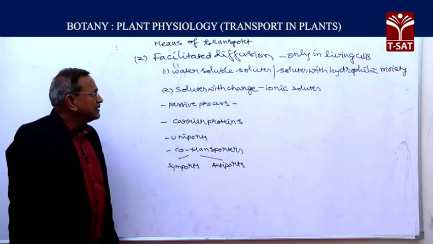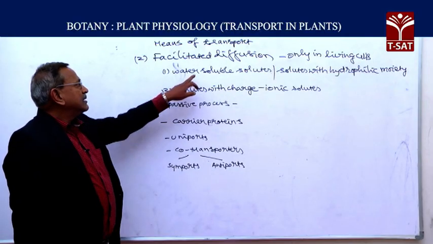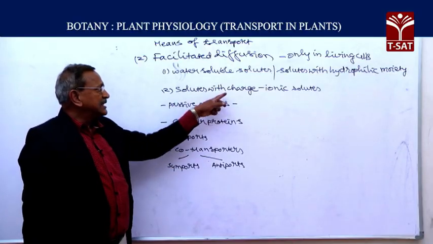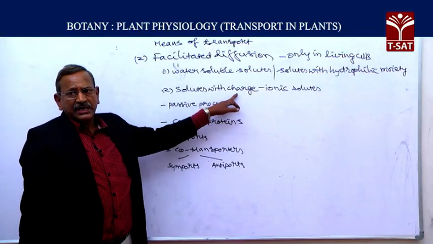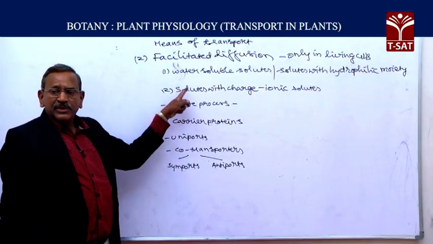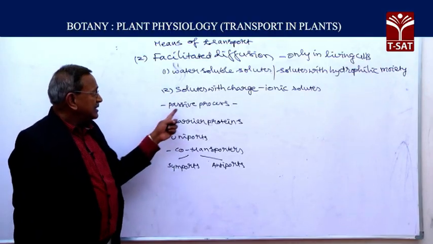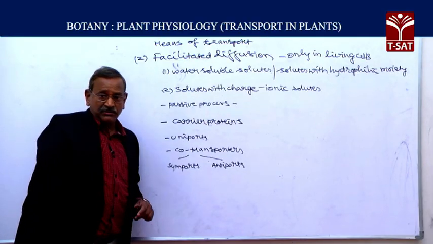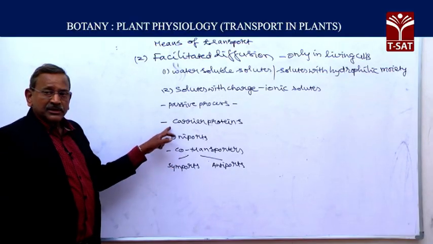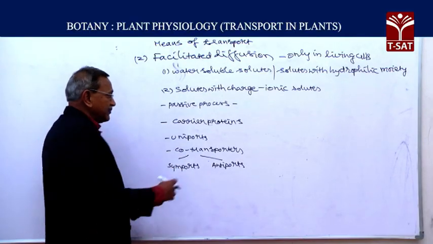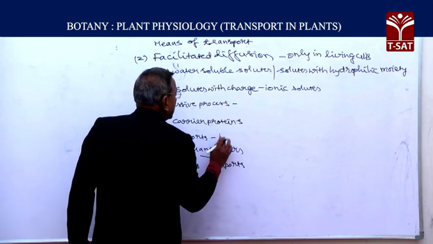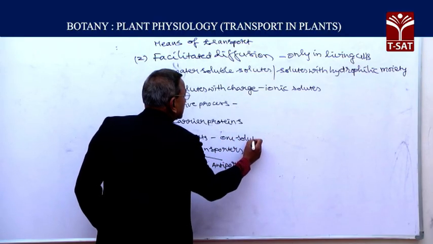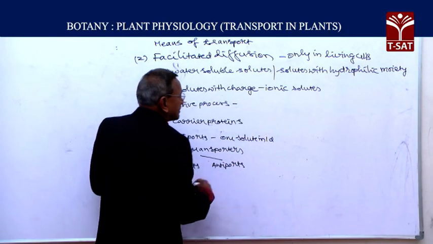Facilitated diffusion is possible for water-soluble solutes or solutes with hydrophilic moiety, solutes with charge or solutes in ionic state, and this is a passive process like simple diffusion. It requires carrier proteins. It is not through lipid part of the plasma membrane, and the carrier proteins are called uniporters if only one ion is transported.